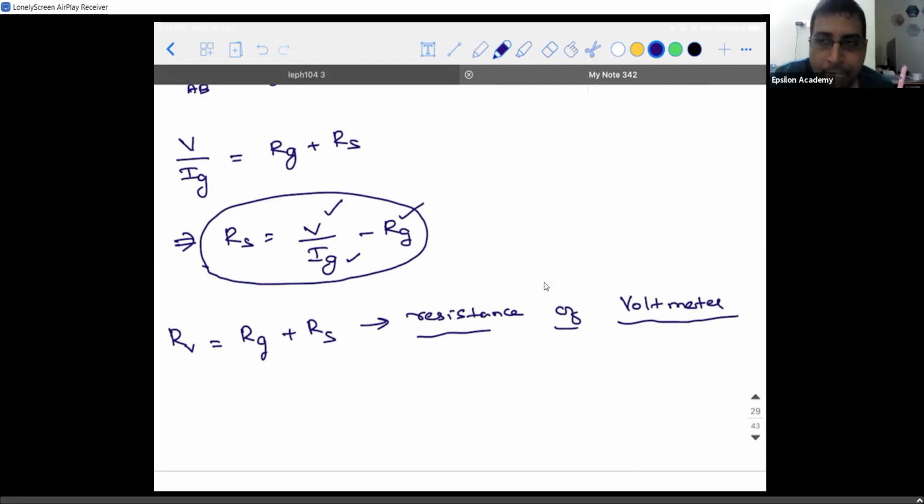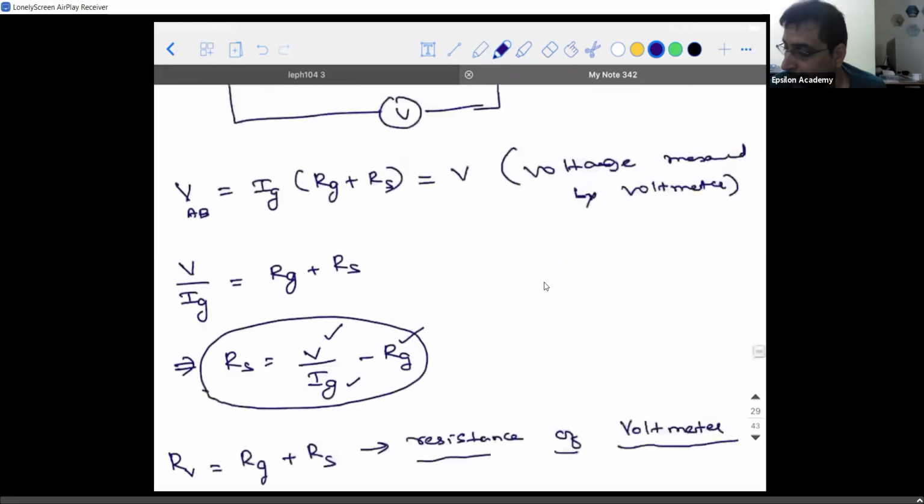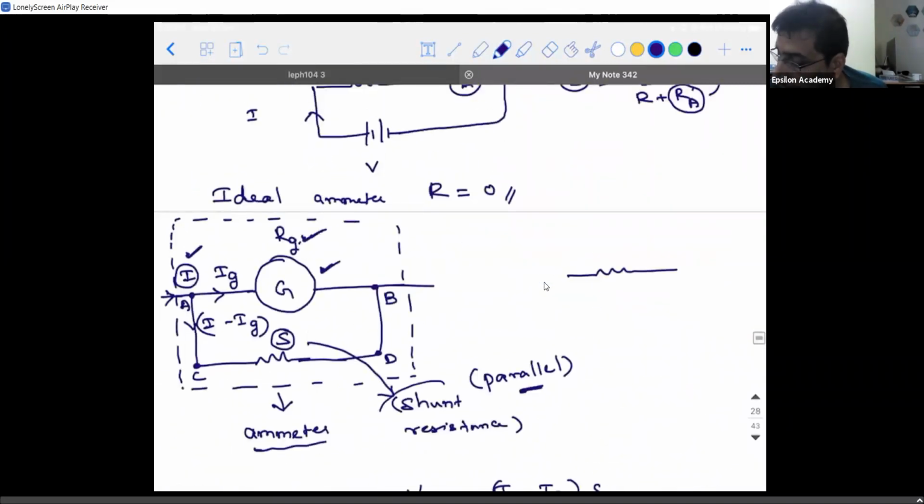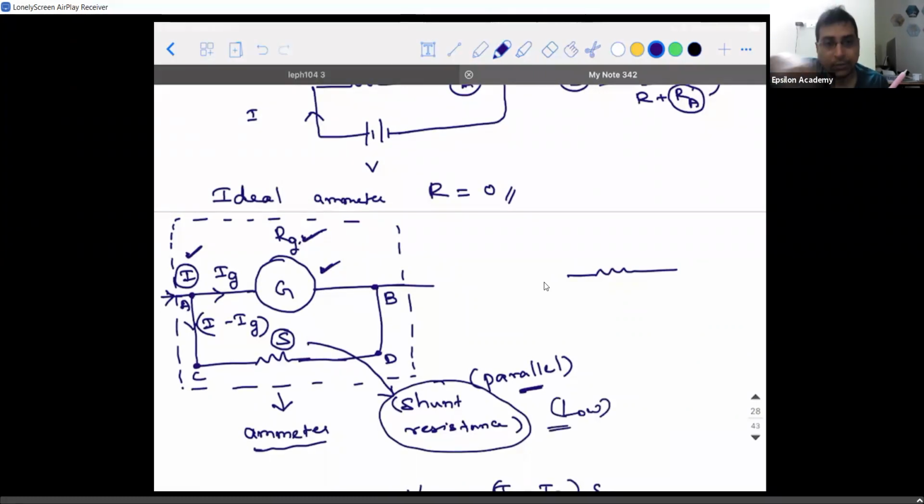Okay. So one last point I forgot to mention in the case of ammeter is you're connecting a shunt resistance, right? The value of shunt resistance should be very low, so that maximum current flows through the shunt resistance.